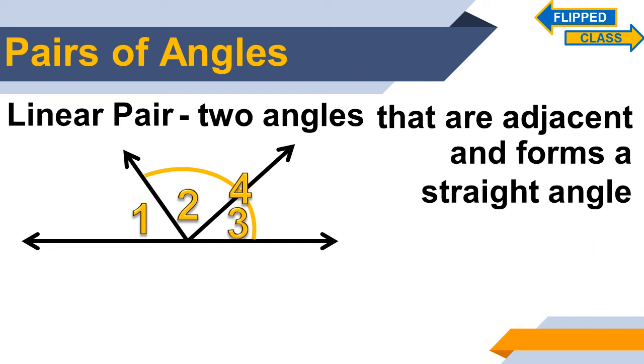What are the angles here that you see to form a linear pair? Only one pair. Angles 1 and angle 4. Very good. The third pair of angles is actually called vertical angles.